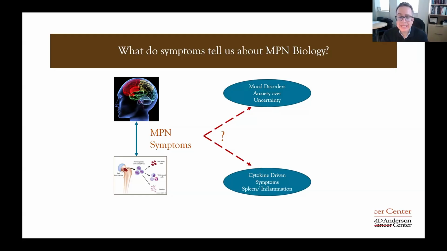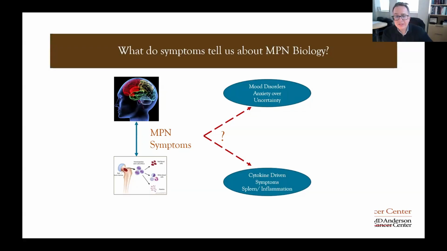Living with an MPN is like being on constant alert, constant infectious alert. You're not infected, but your body is creating a lot of these inflammatory cytokines that make you feel unwell, much like patients can feel unwell if they do have an active infection.